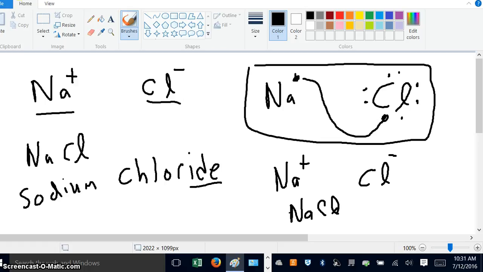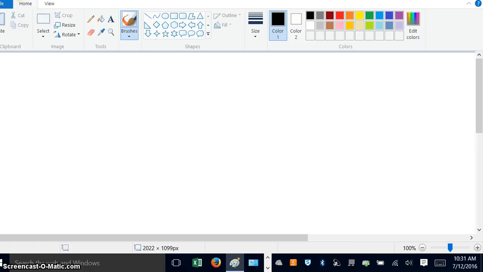Let's do another example. With the next example, I'm going to use potassium, so that's K, and let's do sulfur, which is S. Potassium, you can look this up yourself, is in group 1, so it gets 1 single dot.